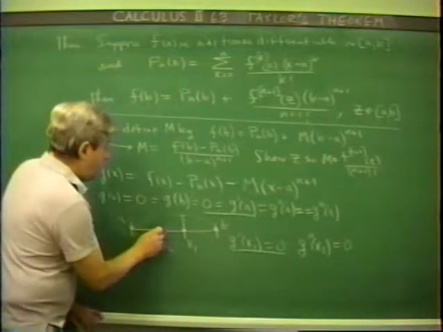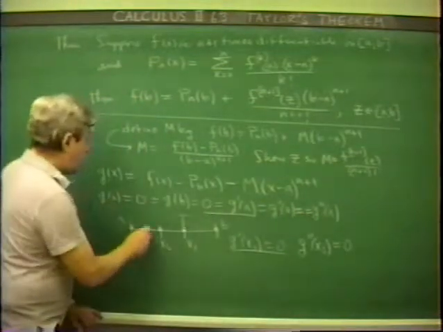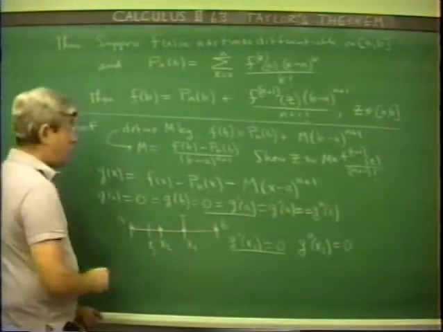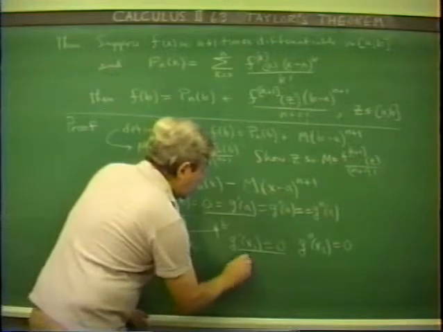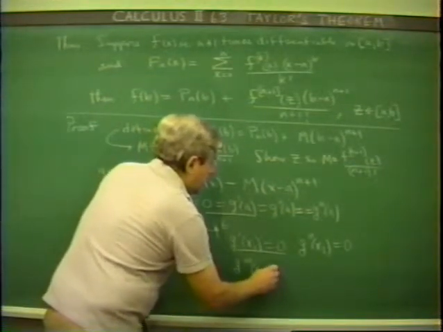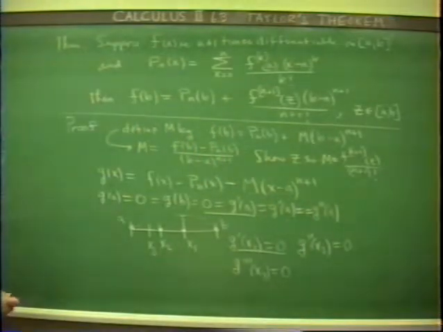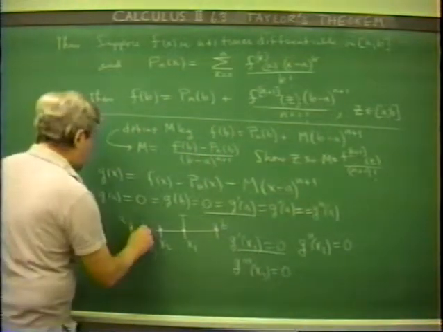Right? And so forth here. The second derivative of g at x2 is 0, and the second derivative of g at a is 0, so we can find a point x3 so that the third derivative at x3 is equal to 0, assuming that n is larger than 3. Right?